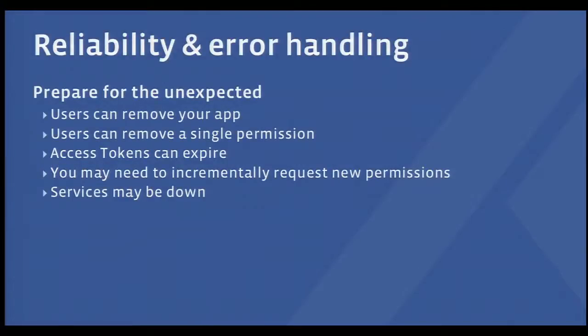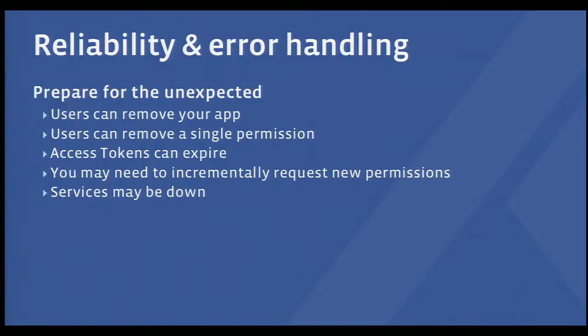So now let's look at how we can do reliability and error handling, because with anything that involves the internet, things can fail, right? And there are many, many ways that things can fail. For example, the user can actually remove your app without your app knowing it. And the user can remove a single permission from your app. And we'll actually show you what that does.